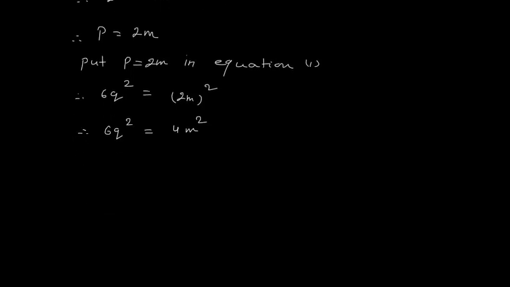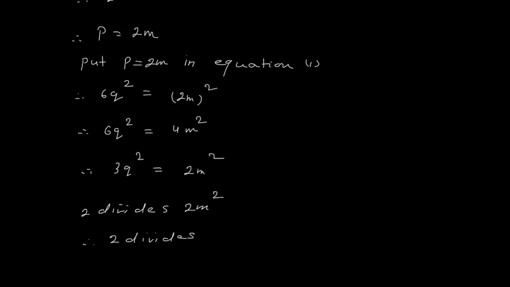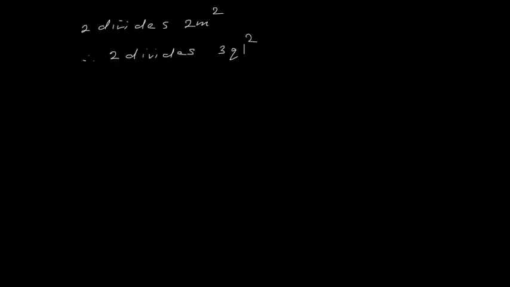So therefore we have 3q square is equal to 2m square. Now 2 divides 2m square. Therefore 2 divides 3q square. Therefore 2 divides 3 or q square.